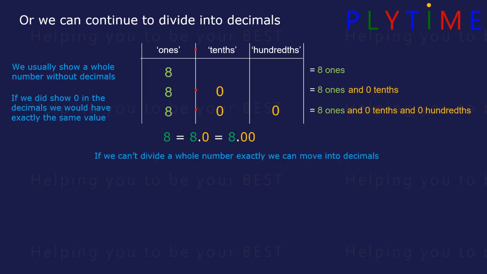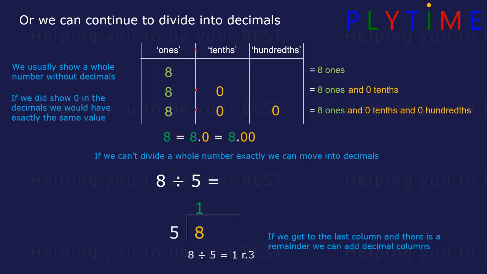If we can't divide a whole number exactly, we can move into decimals. 8 divided by 5. In our short division, 8 divided by 5 is 1 with a remainder of 3. If we get to the last column and there's a remainder, we can add decimal columns.